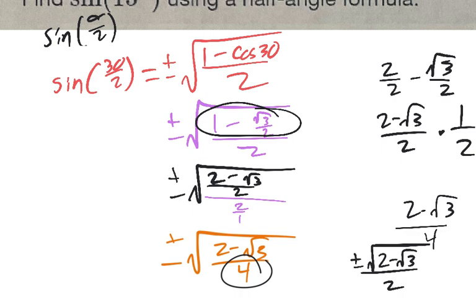And radical 3 is like 1 point something. So 2 minus 1 point something is positive. Square root of that is positive, so I want this to be positive. So this would be positive radical 2 minus radical 3 all over 2. Is that the way they left it? Yeah. Good. That's the way I would leave it.